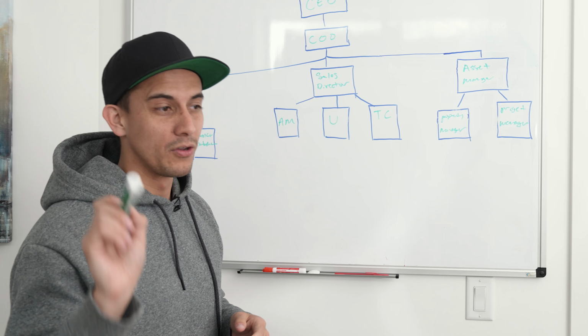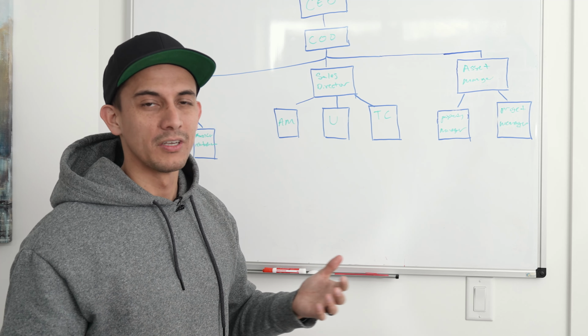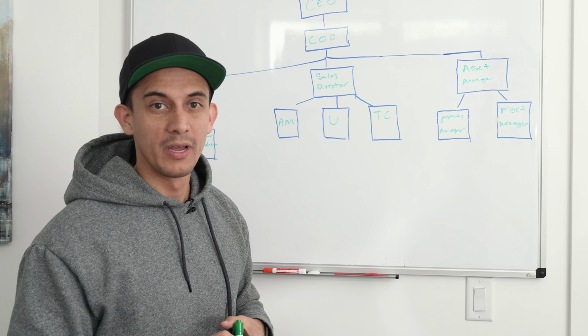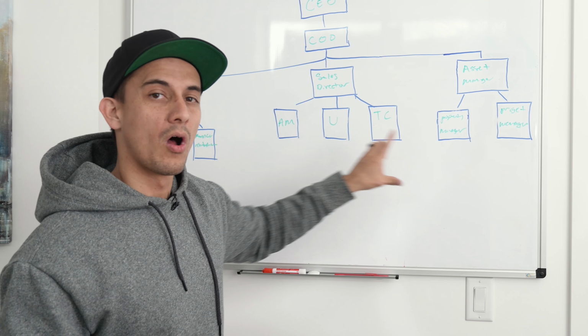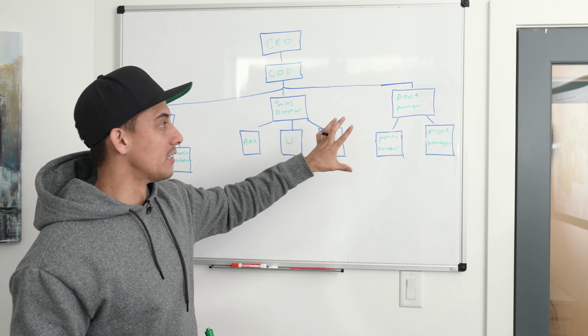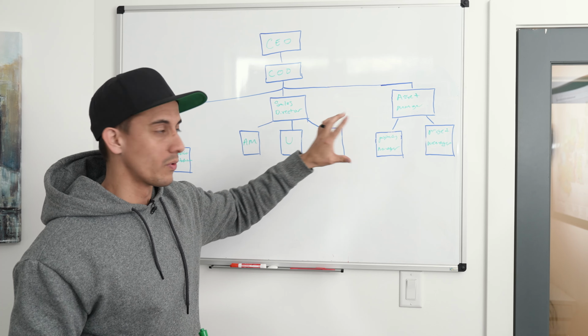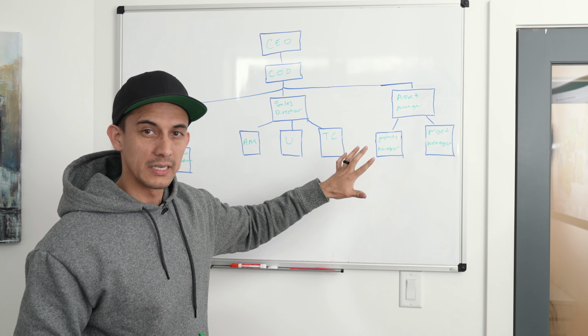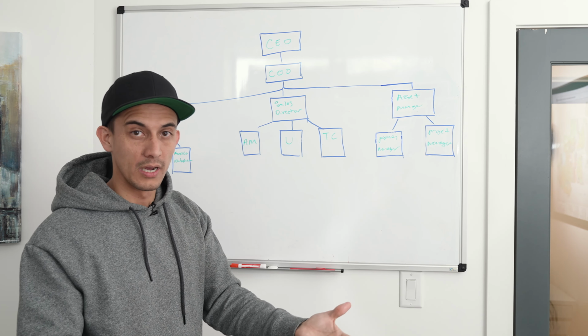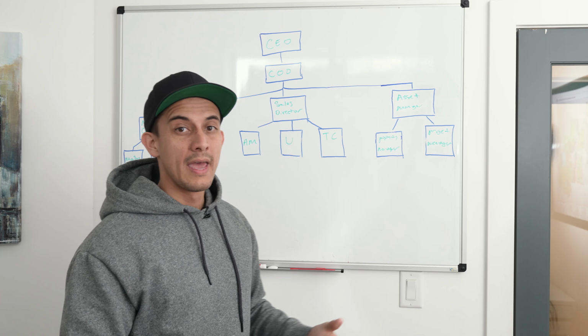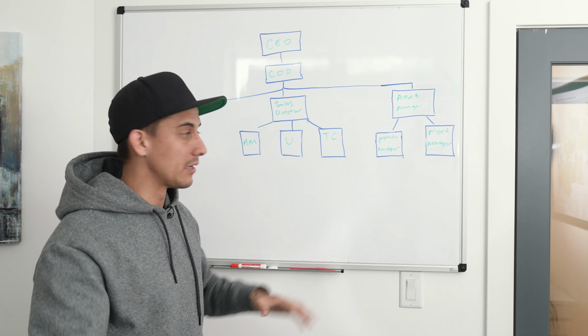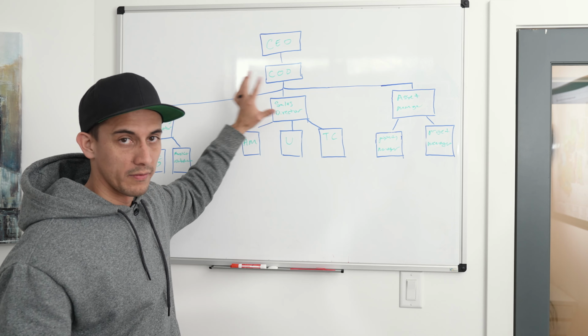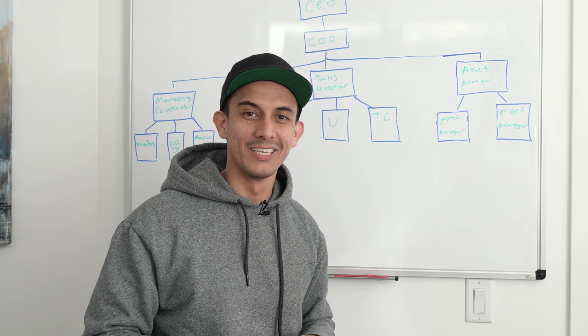And remember, if you don't have a team yet, which is fine, if you're starting out as a one-man show, you will be wearing all of these hats. In each one of these roles, you write down the exact responsibilities into an operations manual. Then you can start hiring and replacing yourself in every one of these. And it starts with an organization chart.